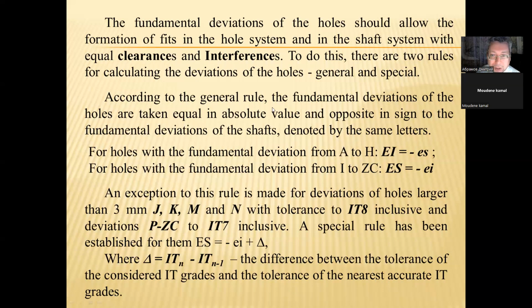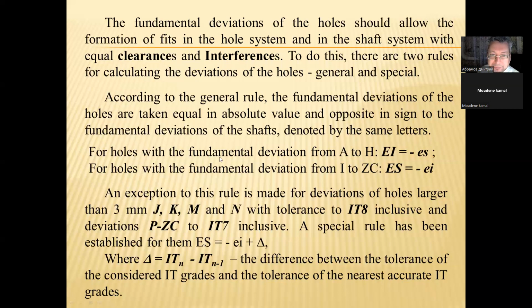Please write down the general and special rules. For holes with the fundamental deviation from A to H, big E is equal to minus small es. It's the general rule.